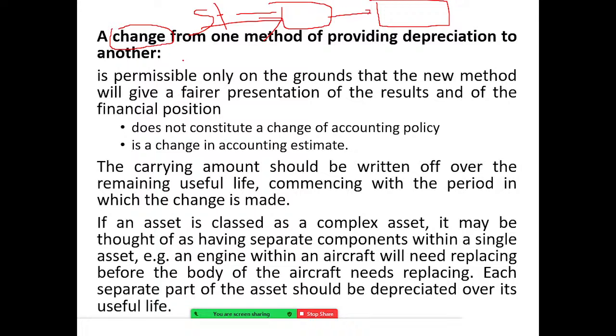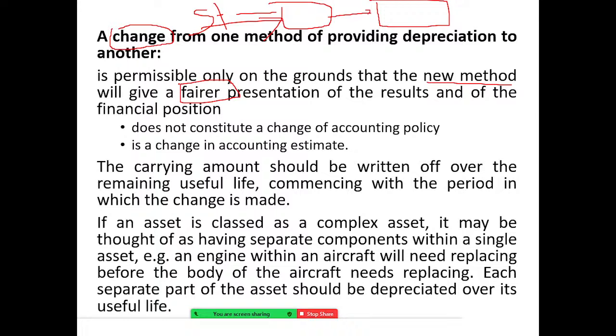A change from one method of providing depreciation to another is permissible only on the ground that the new method will give a fair representation of the results and of the financial position.